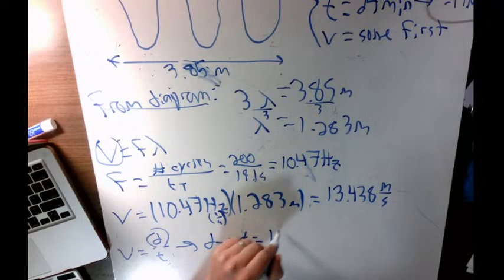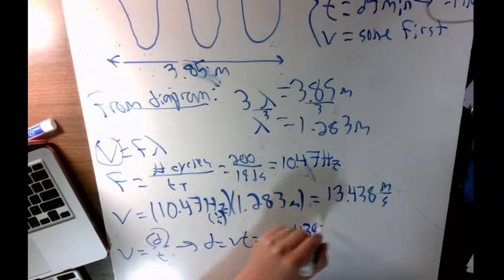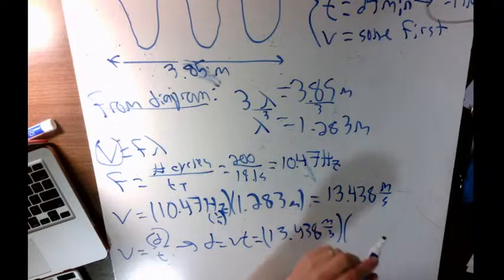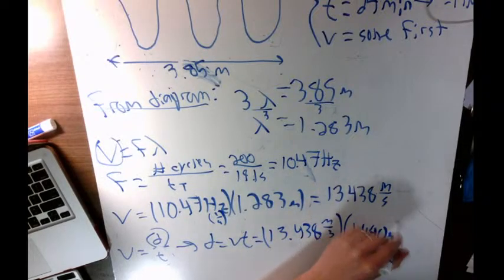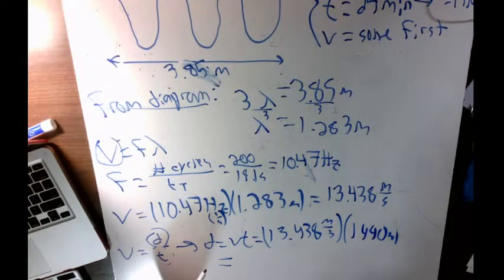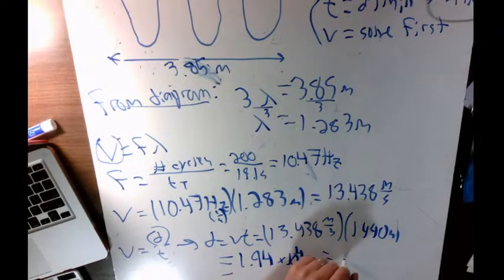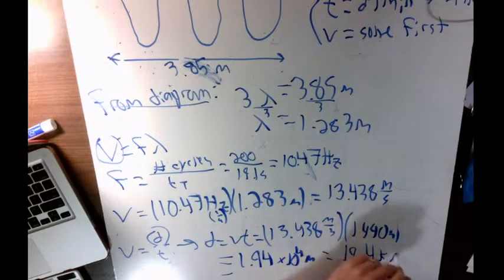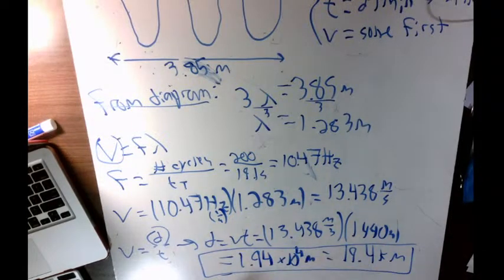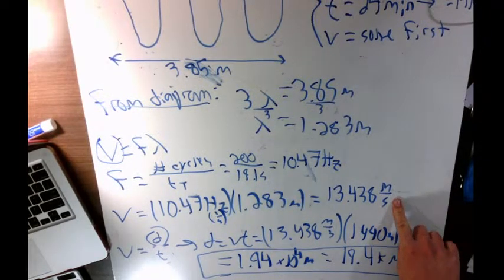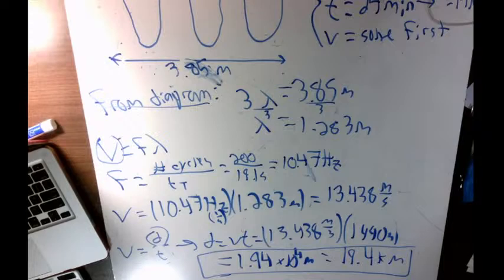And our speed of 13.438 meters per second is multiplied by a time of 1440 seconds. That means that wave is going to travel 1.94 times 10 to the 4 meters, or if you want to convert this to kilometers, 19.4 kilometers. Which makes sense. It's traveling pretty fast for a pretty long time. This wave is actually able to travel 19.4 kilometers in that time.